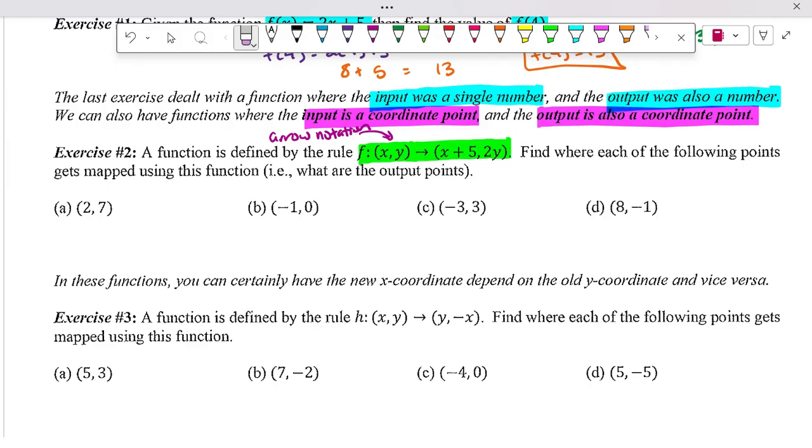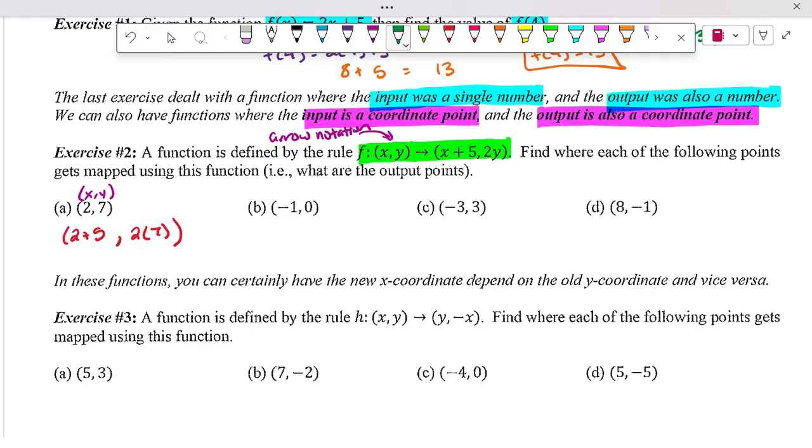So let's try this out. So letter A, (2, 7). All right, that's my (x, y). That's what I'm starting with. So what do you think I'm going to do to find the (x plus 5, 2y)? Plug it in for x and y respectively. So I'm going to plug in (2 plus 5, 2 times 7), because that's our y.